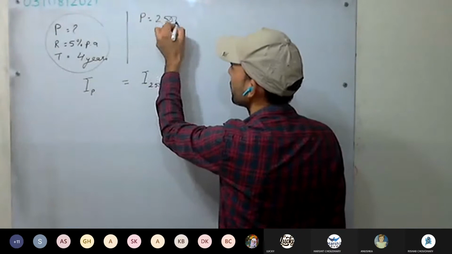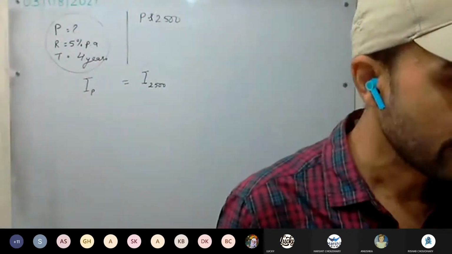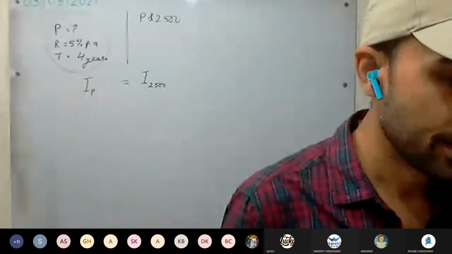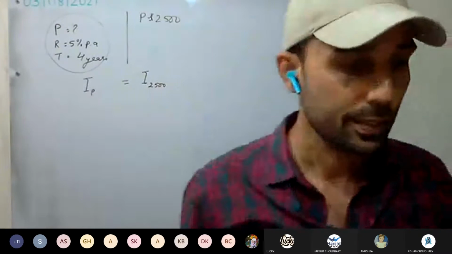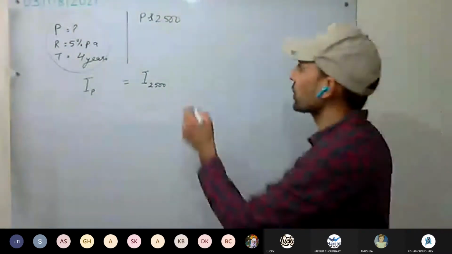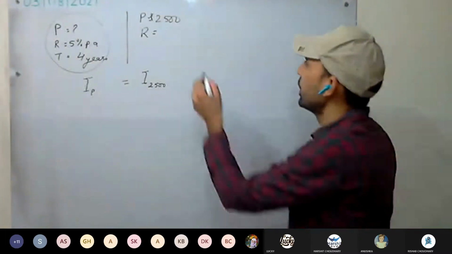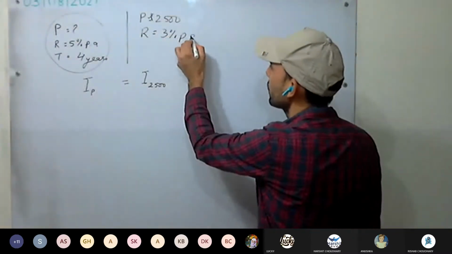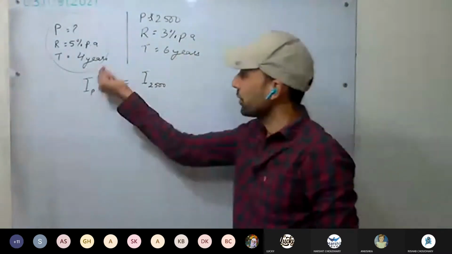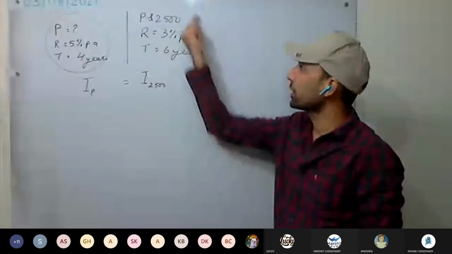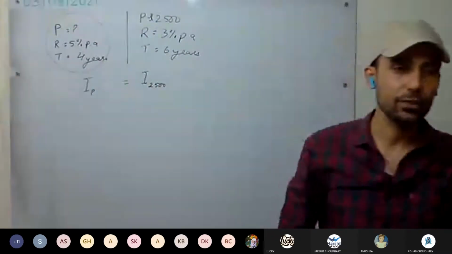Principal is 2,500 rupees, at a rate of 3% per annum for 6 years. So whatever interest we are getting through this is equal to the interest on this. And if we equate them, we can calculate the P. Have you understood this one?